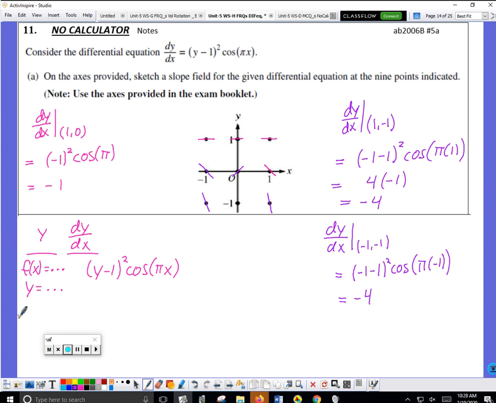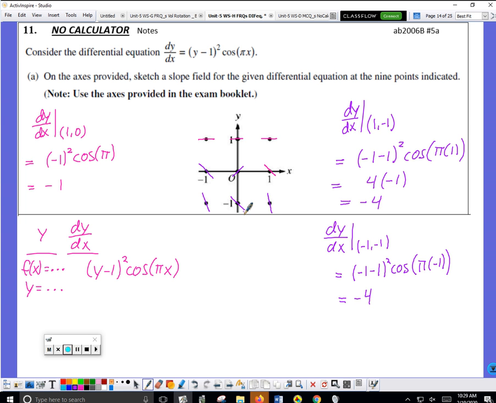Double check the back, make sure we did not make a mistake. We will look. Oh, one more, yeah. So here, that's going to be 1. So this is -1 again. That is a weird slope field.